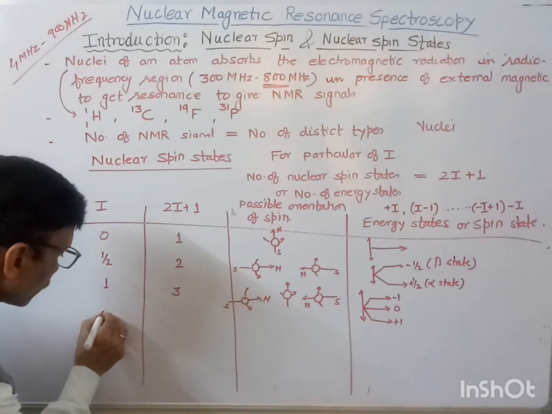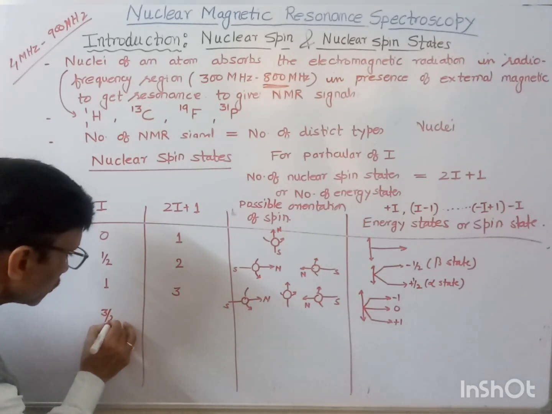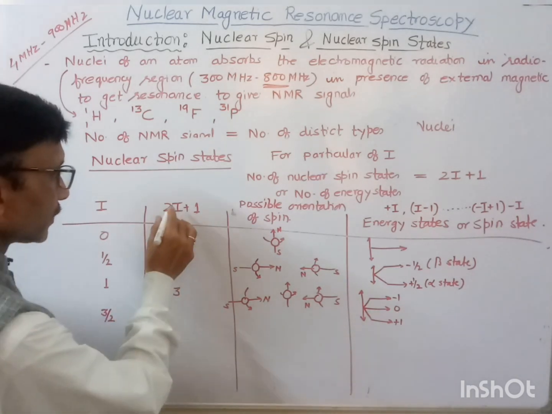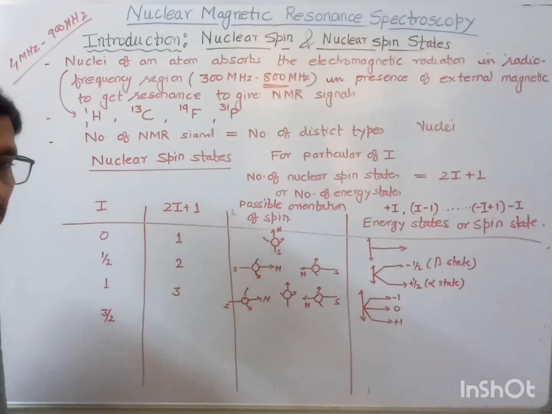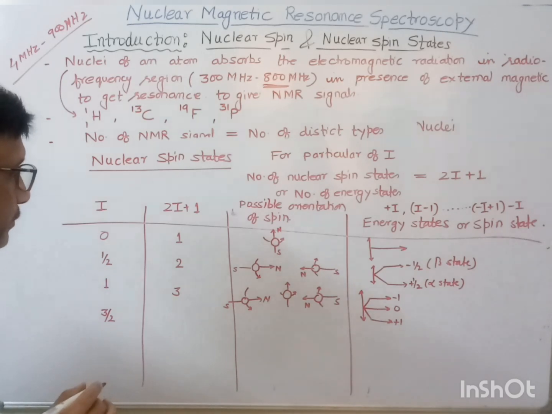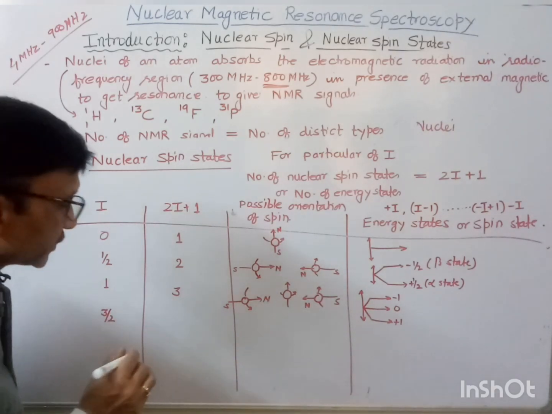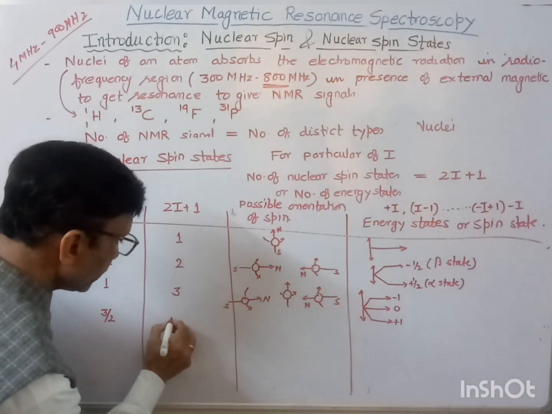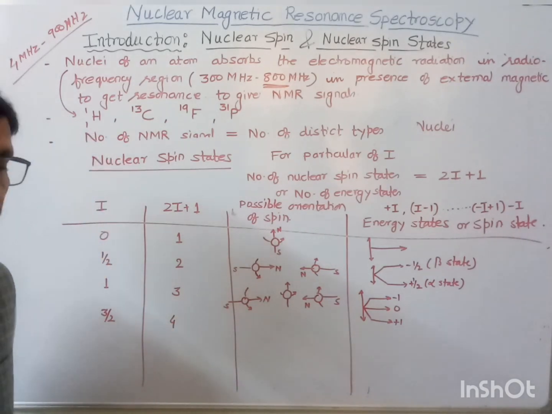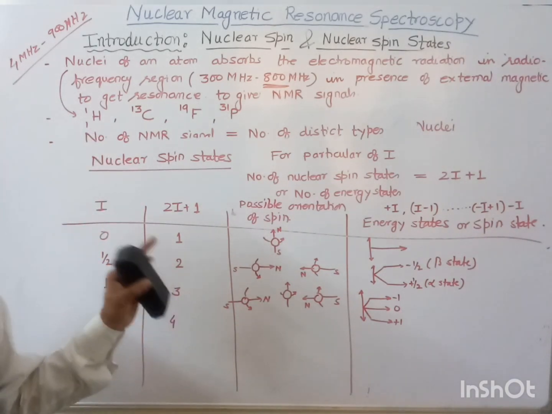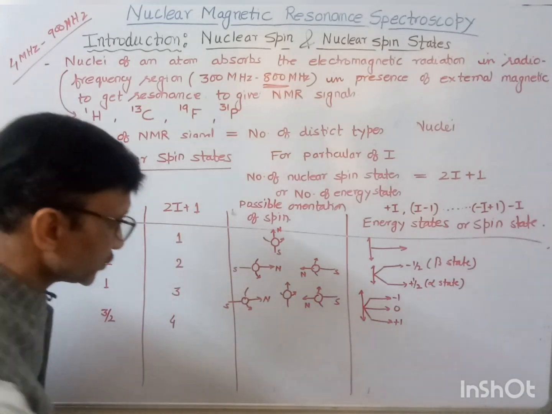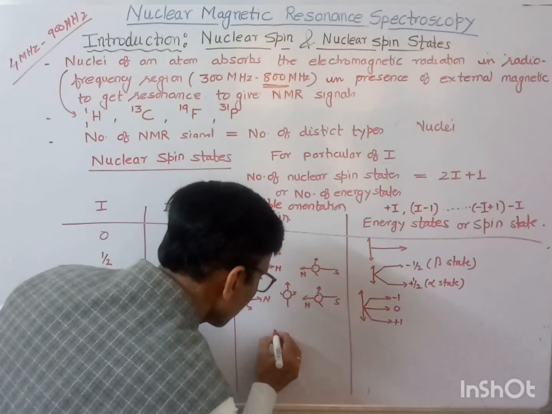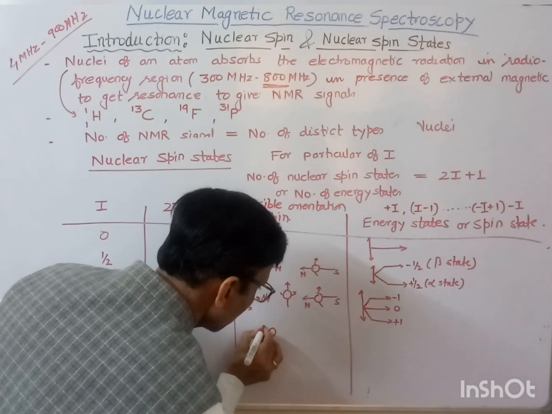In the same way, suppose I is equal to 3 by 2, then the 2I plus 1 value gives the number of nuclear spin states. How many spin states would there be? 3 by 2 means 4 spin states, and we may show the four possible orientations. Suppose this is one of the possible orientations.